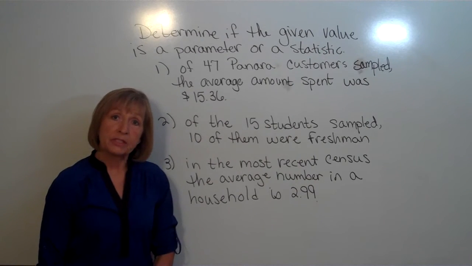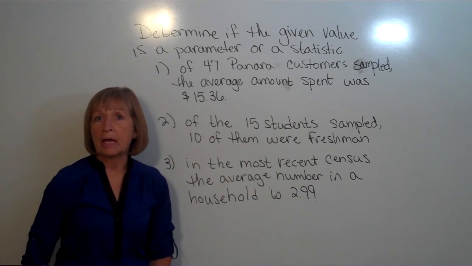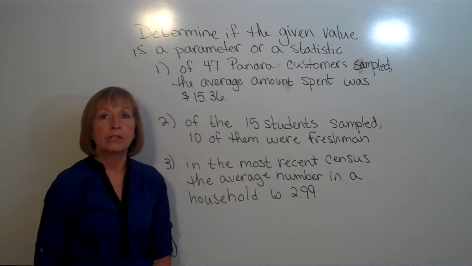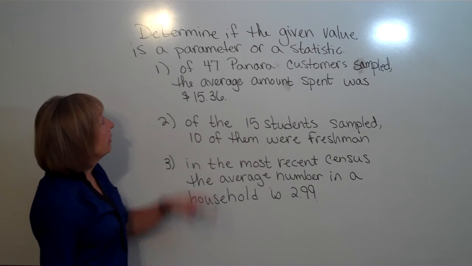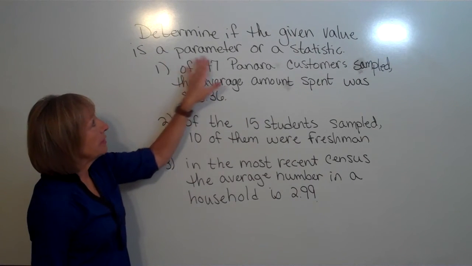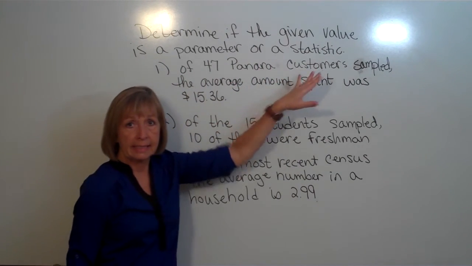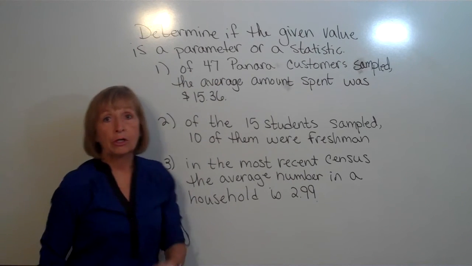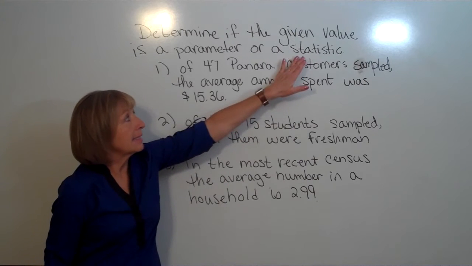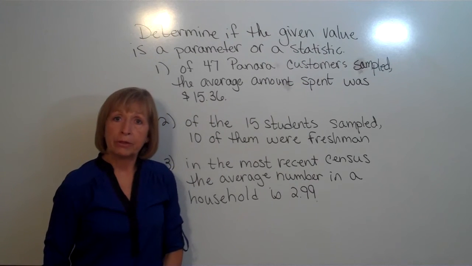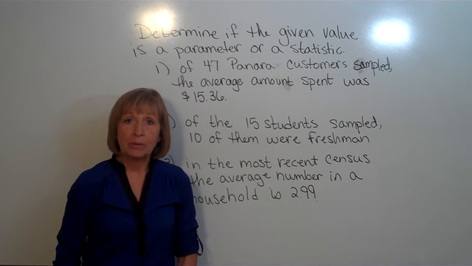Let's take a few moments to look at some different examples about identifying the usage of these newly learned vocabulary words. So here it says, determine if the given value is a parameter or a statistic. Remember, a parameter is a numerical summary about the population, and a statistic is a numerical summary about the sample.